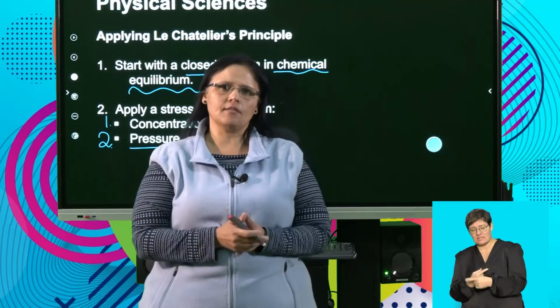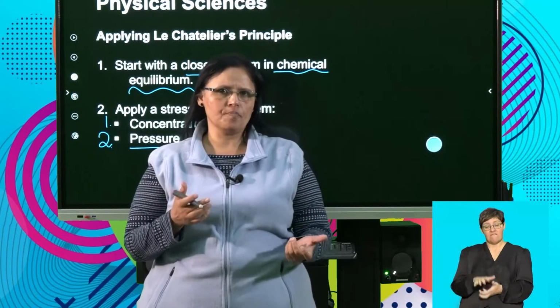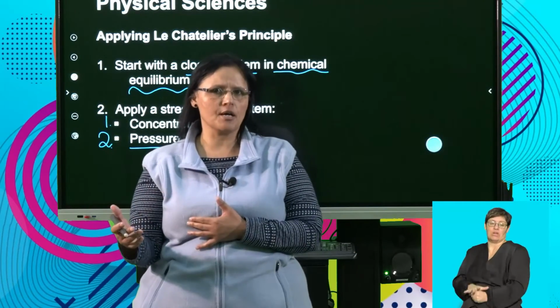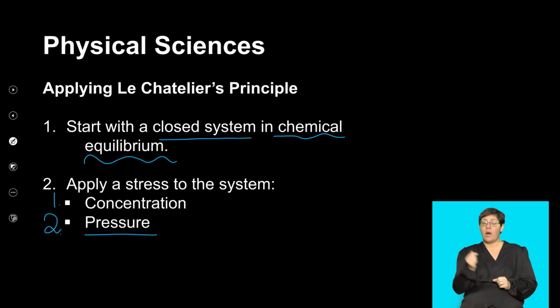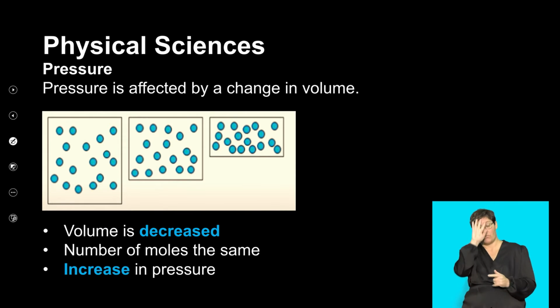We also said that pressure is inversely proportional to the volume. So as soon as there's a change in volume, it will affect our pressure. Pressure can only be affected in gases. It's only in gases that we get pressure. Just a reminder again, the pressure is affected by the change in volume.